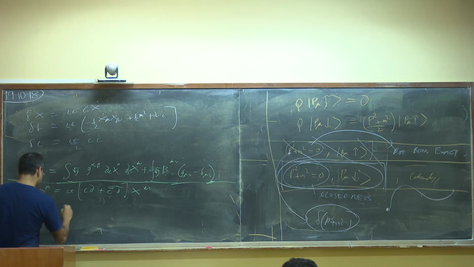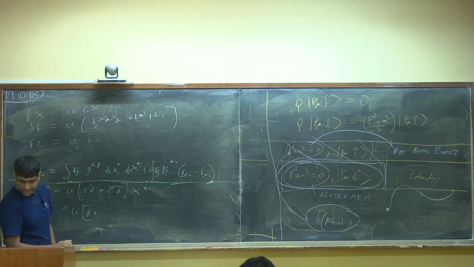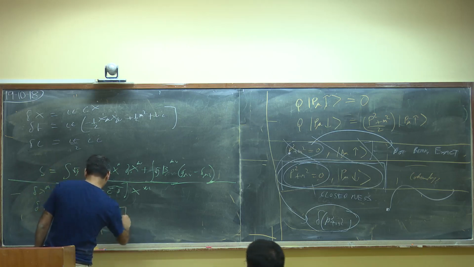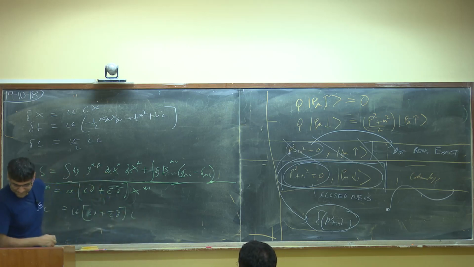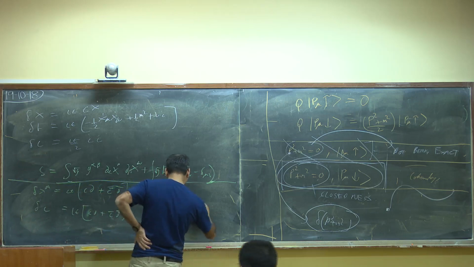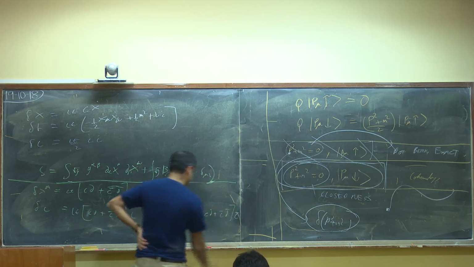Delta C is equal to i epsilon (C del plus C bar del bar) of C. And there's a similar one for C bar: delta C bar is equal to i epsilon (C del plus C bar del bar) of C bar.